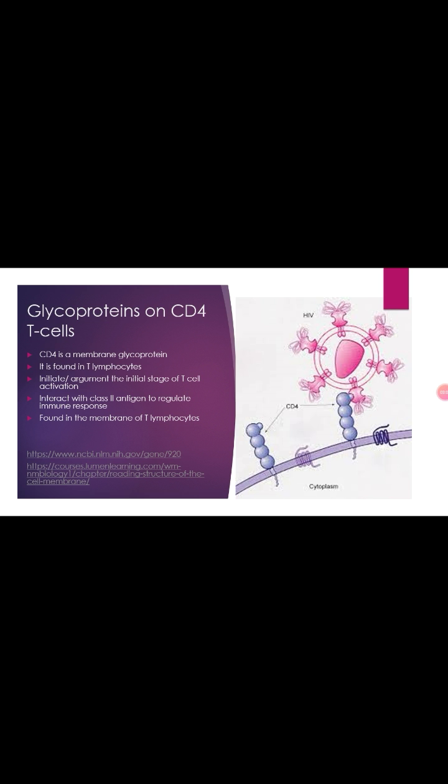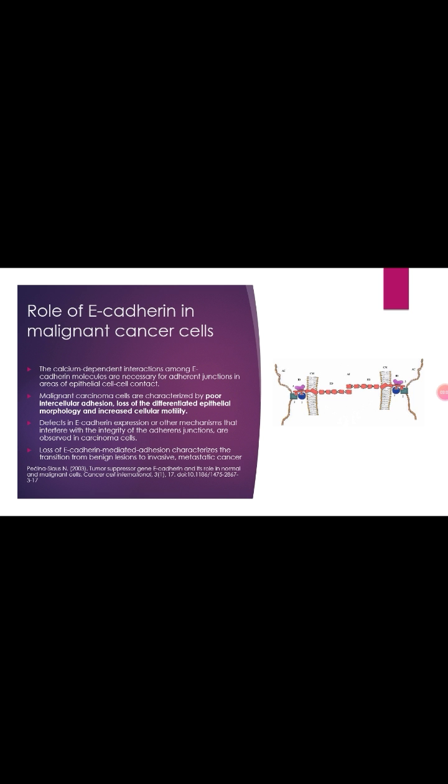A particular disease that a malfunction in glycoprotein is involved in is cancer. Typically, calcium-dependent interaction among E-cadherin molecules is necessary for adherens junctions in areas of epithelial cell-to-cell contact. However, malignant carcinoma cells are characterized by poor intercellular adhesion and increased cellular motility.